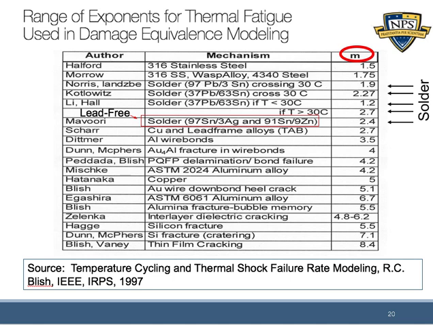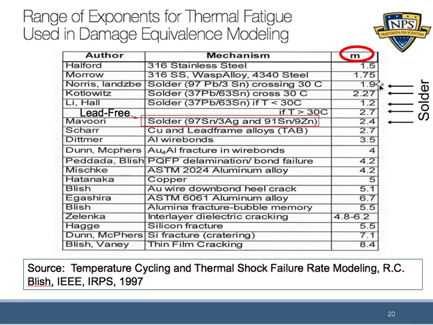Again, just like the activation energy, here's a little bit more information on the M values. A variety of different authors have experimentally determined the values of M, and we can see some of the different types of materials under the mechanism column in the middle and their associated M value. This seems to be a popular thing to use for solder joints.